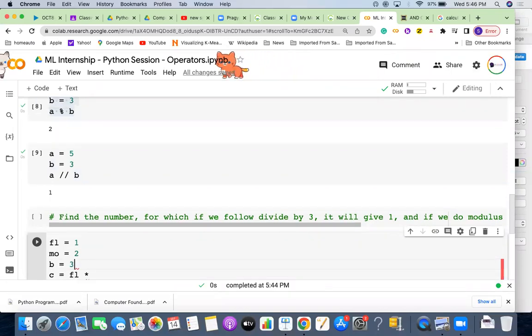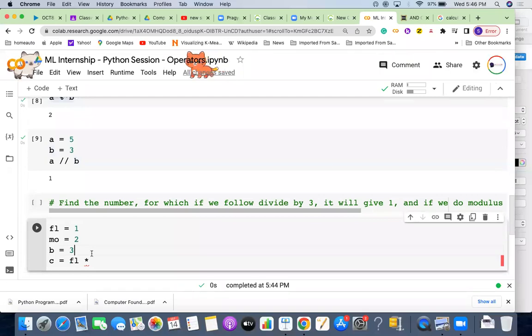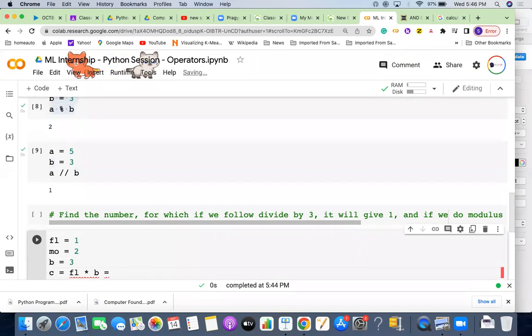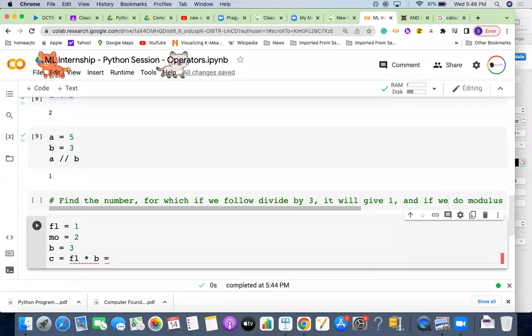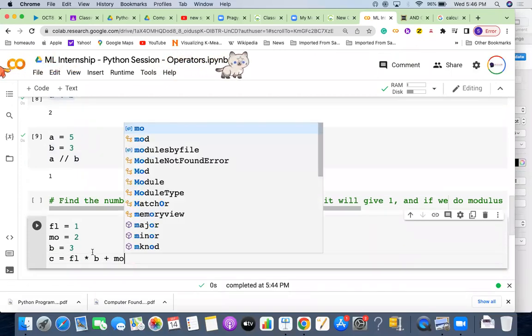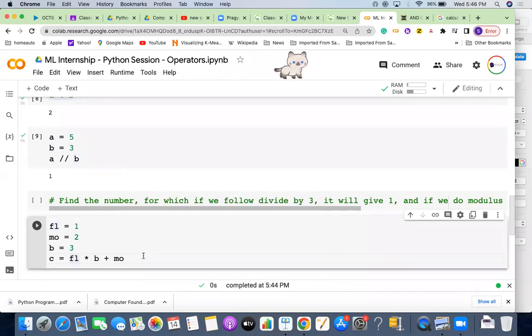How should I do it? Floor division into C, plus the remainder, which is the modulus. So this is what it will give, the number. Is this equation correct? Is this logic correct? Yes, sir. So this is called an expression.